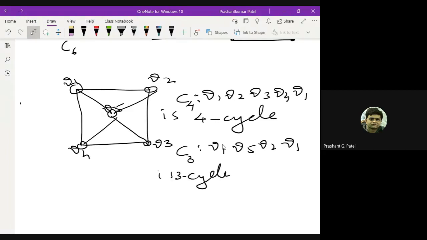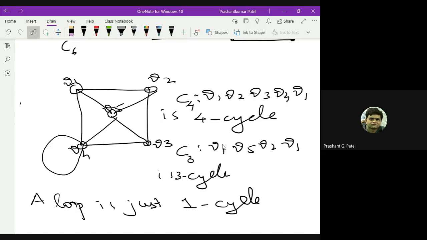So in general, this graph contains a cycle, that will be an example. If I have a loop at some vertex here, let's say this is the loop, then a loop is just a 1-cycle.